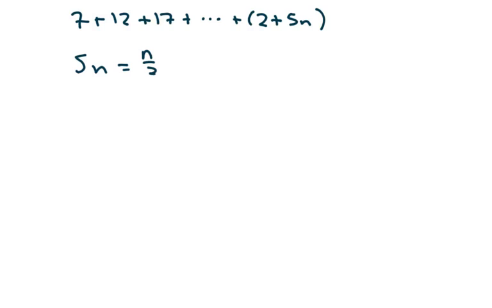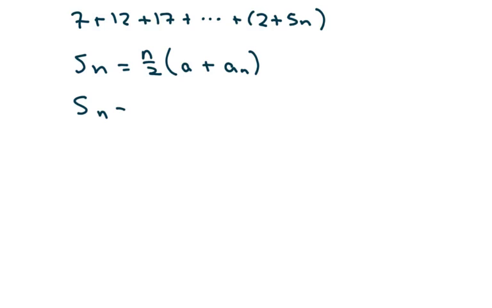Alright, the next one is 7 plus 12 plus 17 plus dots plus 2 plus 5n. So S of n equals n over 2 times your first term plus your last term.